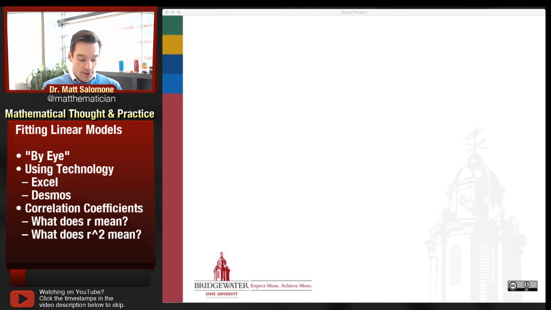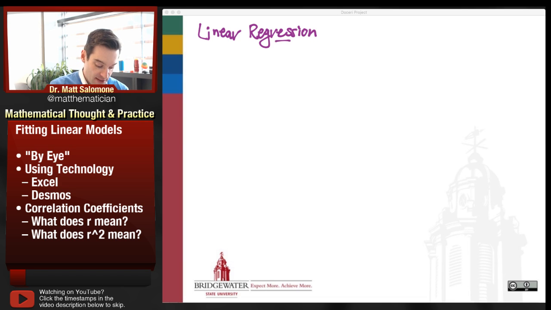So the order of the day is going to be a technique that we call linear regression. And regression is just a fancy word taken from statistics to really just mean a process of fitting. And fitting is a loaded word here, so I want to talk a little bit more about what that means.